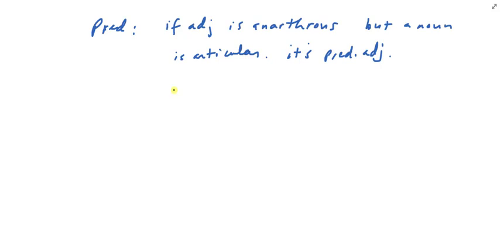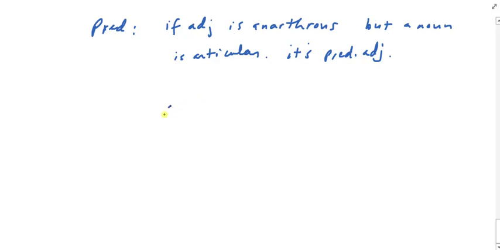Because you're going to have a copular construction there. But if the copula is missing, then we want to be thinking about whether the subject noun is articular or not. And if it is, and I have an adjective that agrees, but is not definite, it's anarthrous, then I'll be able to tell that it's a predicate adjective. So just a couple of examples here.